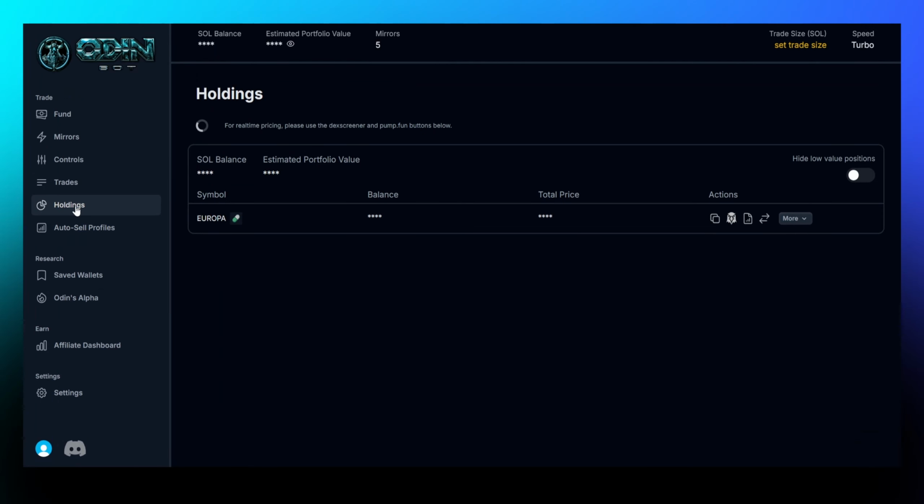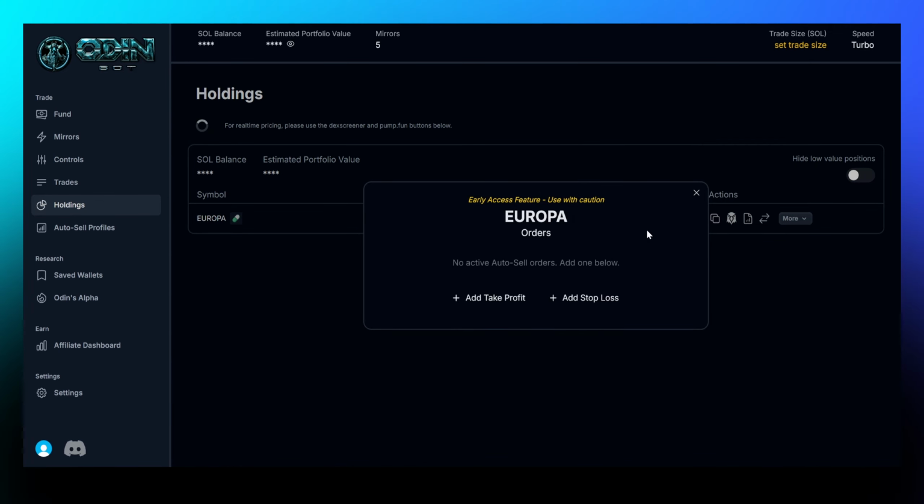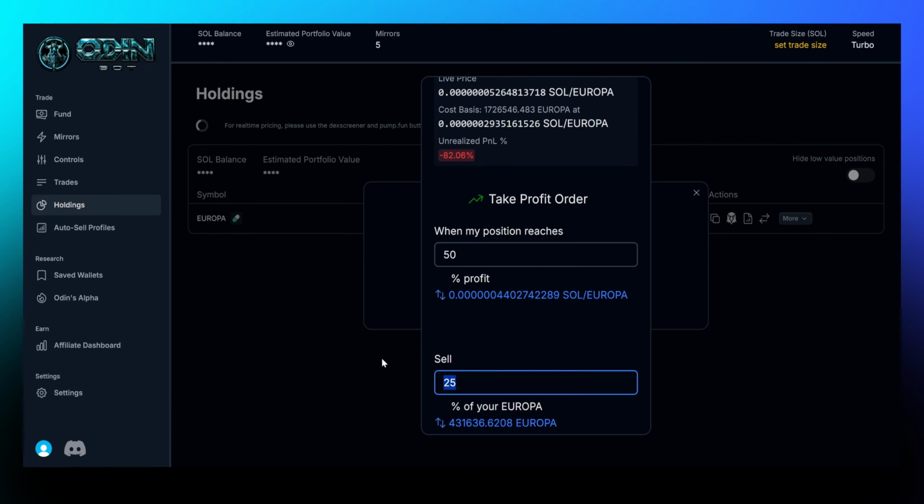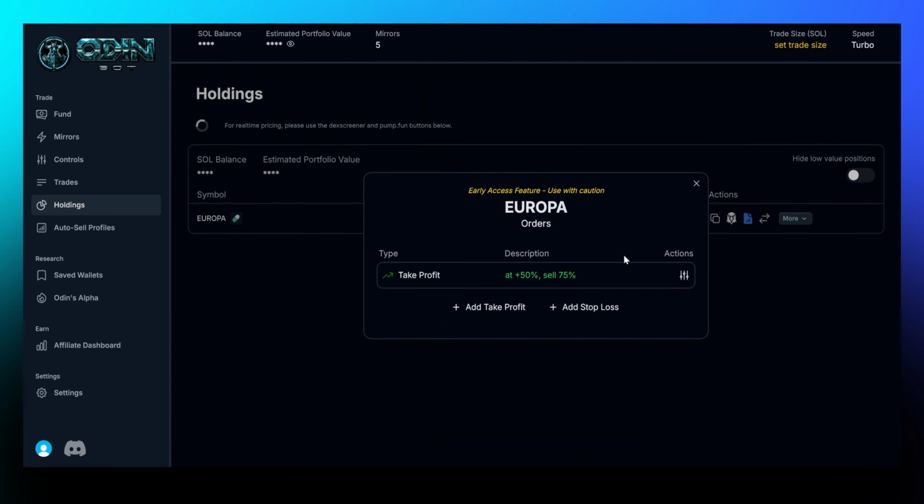To do so, you would come into the holdings tab of OdinBot, click here on view active orders, and you're gonna, for example, let's add when my position reaches 50%, I wanna sell 75% of it. If I save the order, this is automatically gonna trigger once the token pumps 50%.